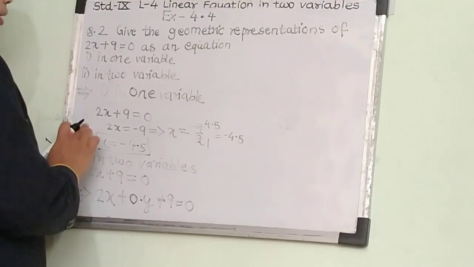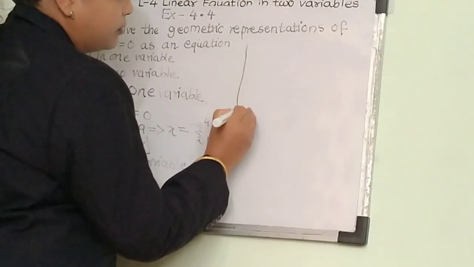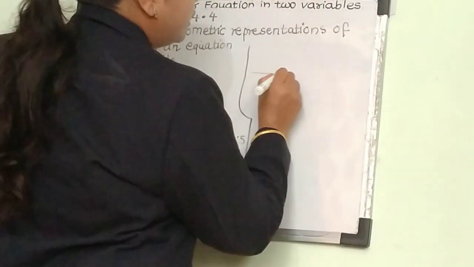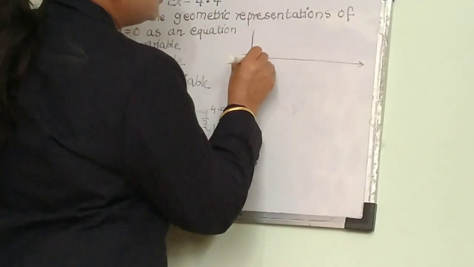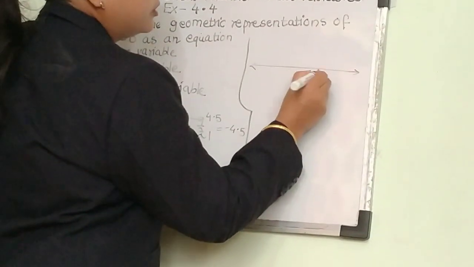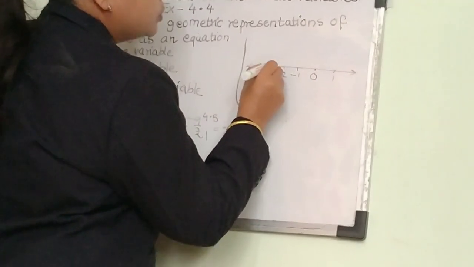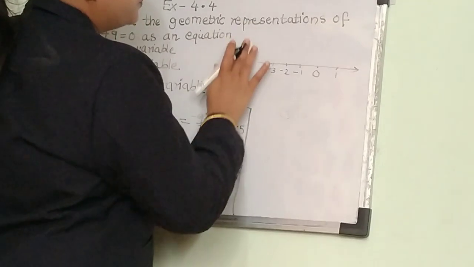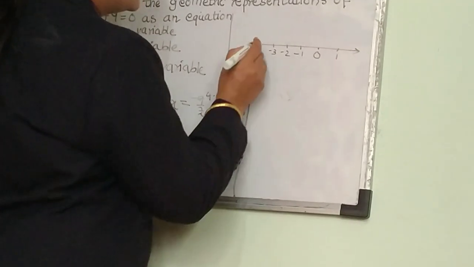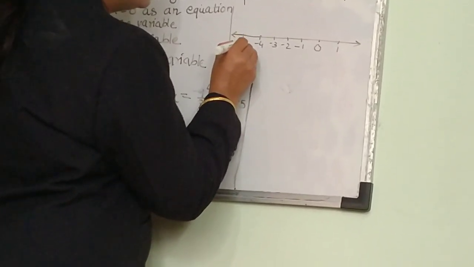First we are going to draw the graph for this equation. For drawing this graph, you are going to draw on graph paper. We draw the number line: here 0, here 1, then minus 1, minus 2, minus 3, minus 4 and minus 5.